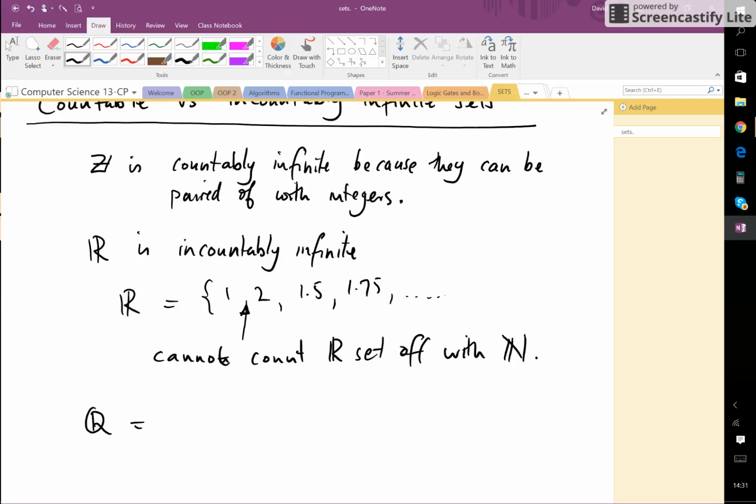I can just put the sets end to end, and I can count those off with the integers. So this is countable. My natural numbers are countably infinite as well, obviously.